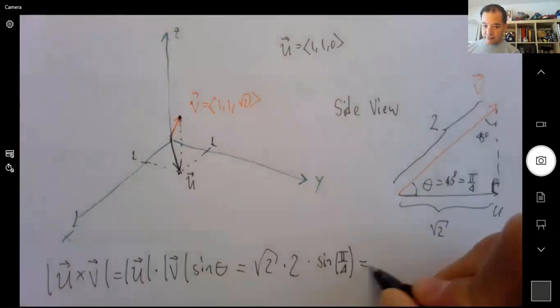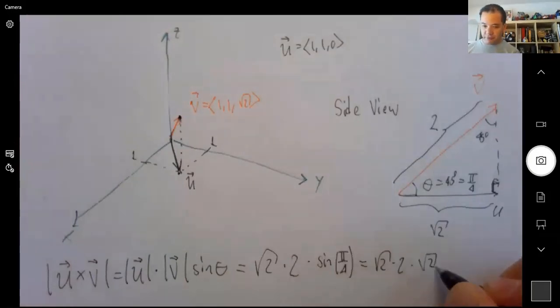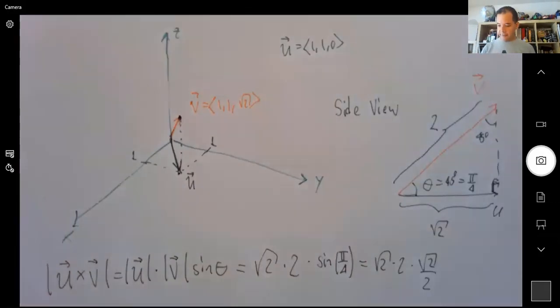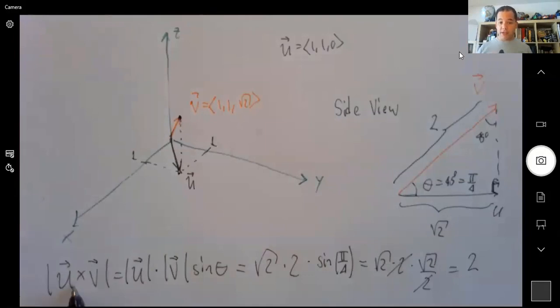So this is radical 2 times 2 times radical 2 over 2. The 2 cancels, and this becomes 2. So the vector u cross v is a vector of magnitude 2.